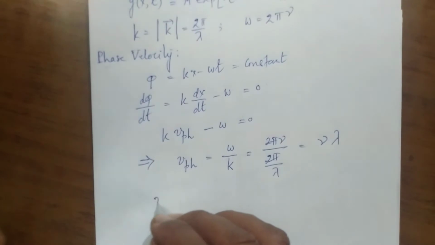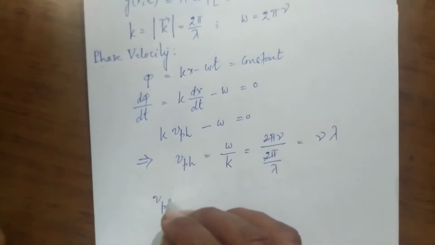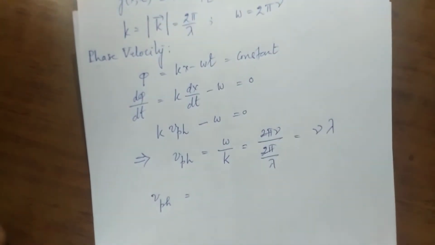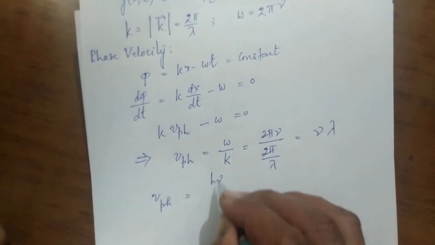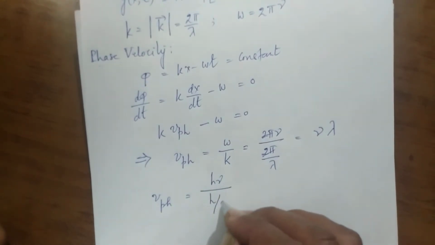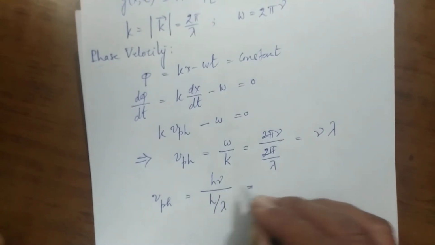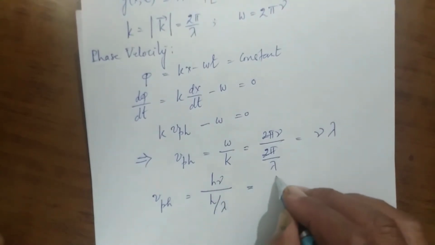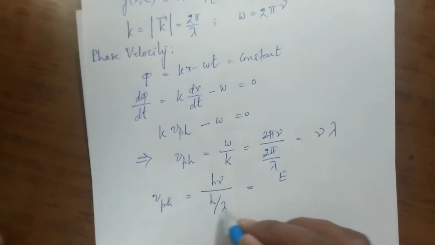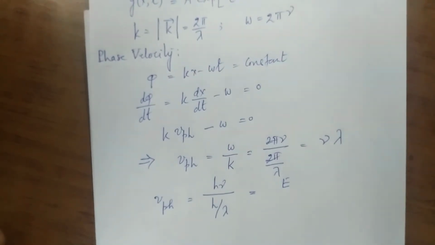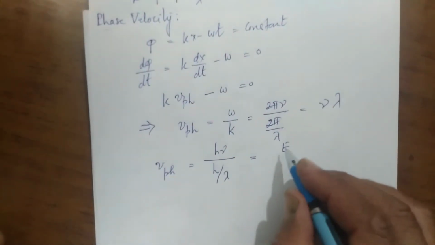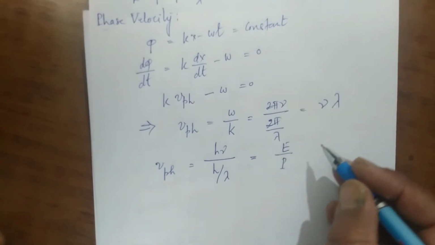Now if we multiply by Planck's constant in the numerator and denominator, then we get h nu divided by h upon lambda. h nu is the energy E of the particle corresponding to frequency nu, and h by lambda by de Broglie's hypothesis is the momentum of the particle.